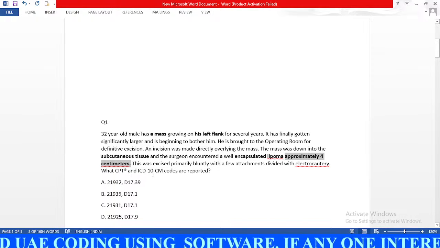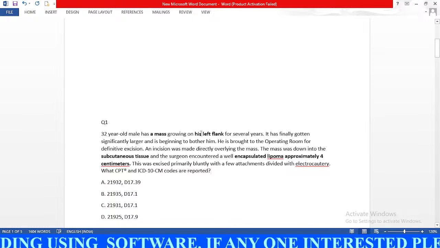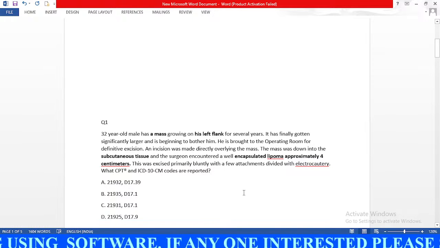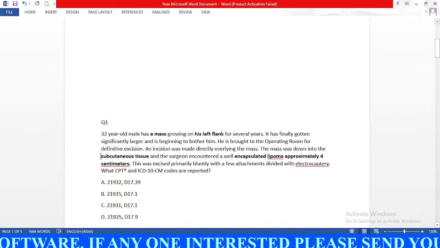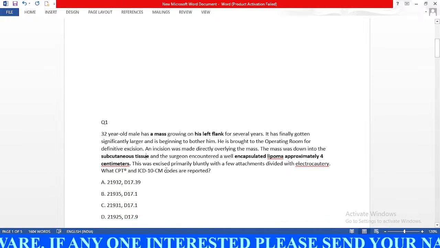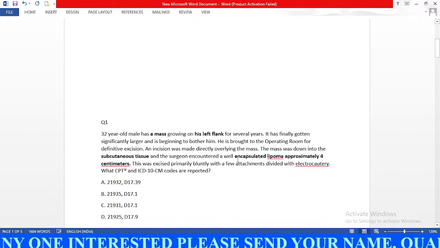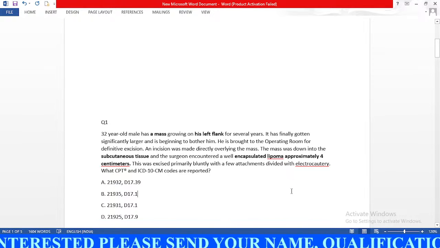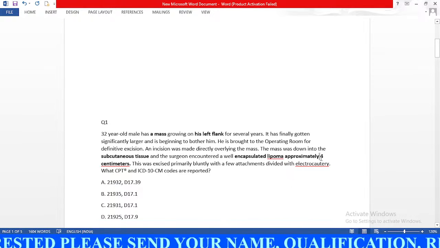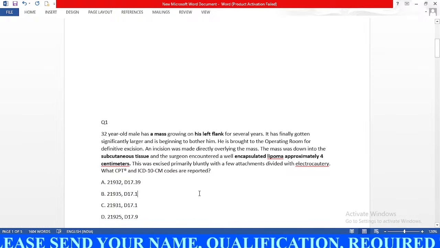What CPT and ICD-10-CM codes are reported? Here our keywords are the location of the lipoma, left flank, and next, what level this lipoma is located at: subcutaneous tissue, which is also a very important keyword. This is the lipoma for medical necessity, and one of the most important things is the size of the lipoma, which is 4 centimeters.